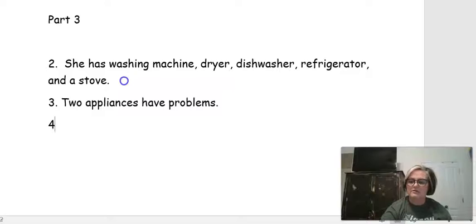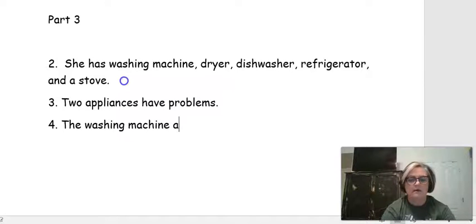And the last one talks about which appliances have problems. It's the washing machine and the dishwasher.